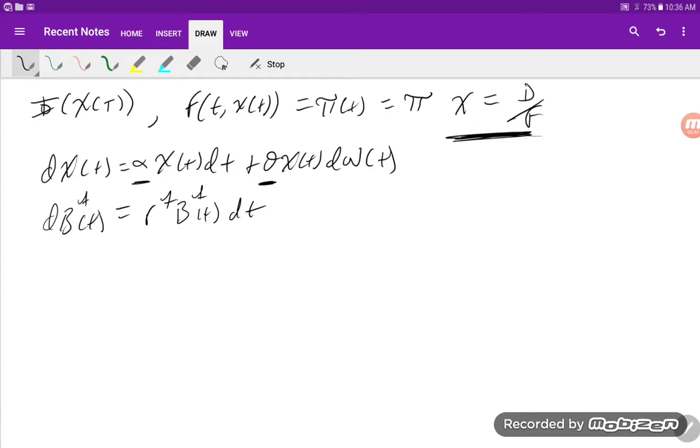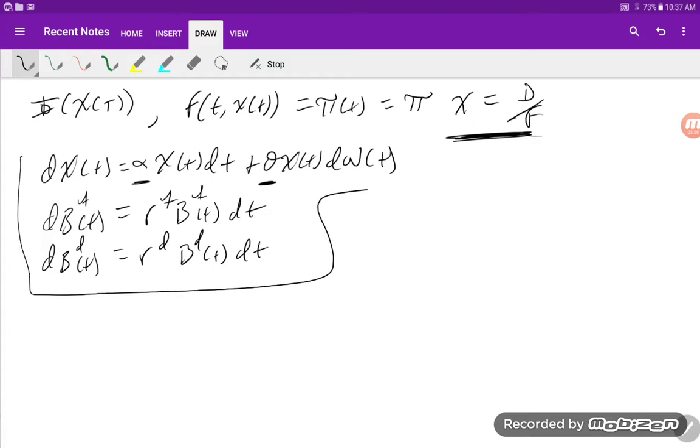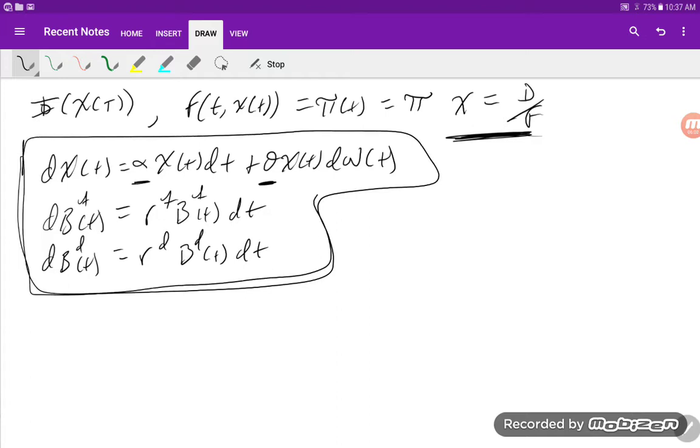Again, this time though, we need two bank accounts. That's the foreign bank account, and then we'll have a domestic bank account where we just change the superscripts. Okay, so these are the basic three dynamics that we start out with. So you have the underlying rate, the foreign bank account, and the domestic bank account.